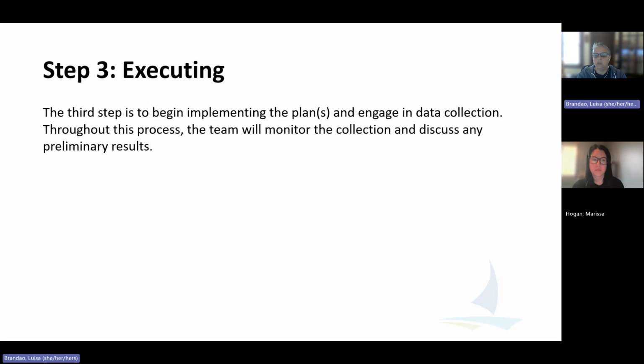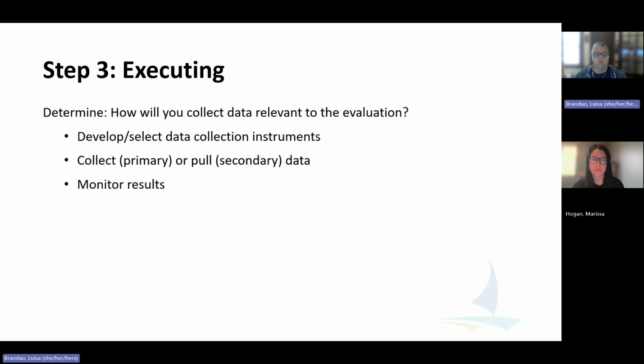So you're making sure that you are collecting the data, you're monitoring that data collection, and you are starting to do some preliminary analysis and thinking, and discussing what you see. So what are you going to do in executing? You're going to either have developed or selected your data collection instruments and you are implementing those.